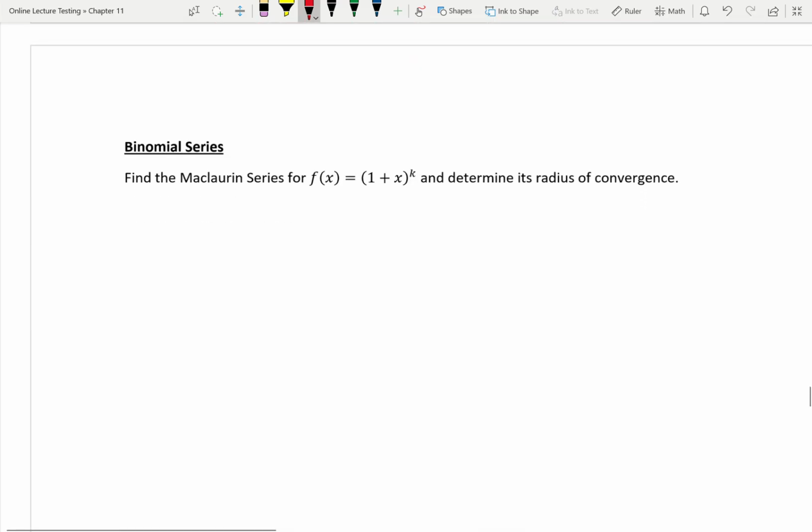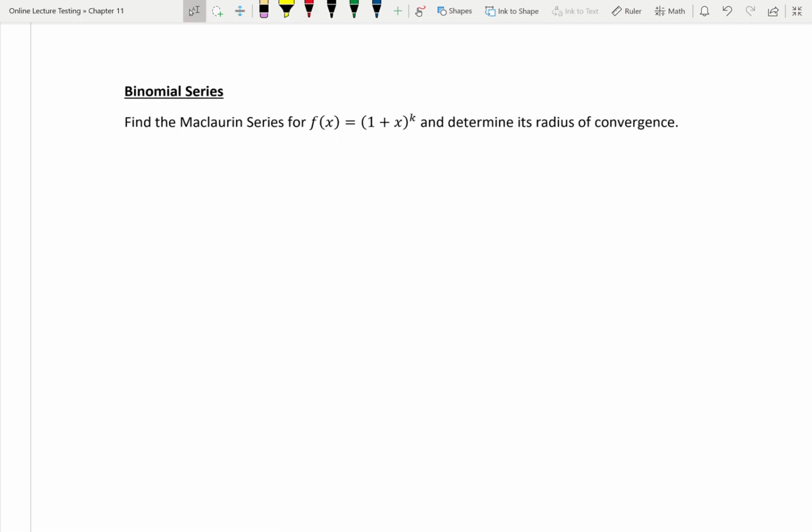All right. So the binomial series is a little bit different. This one is for some value k, and we're going to determine its radius of convergence.